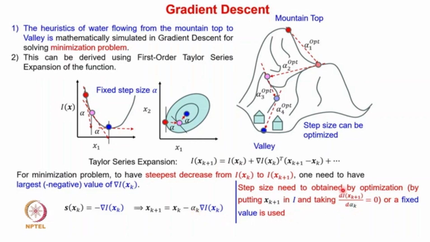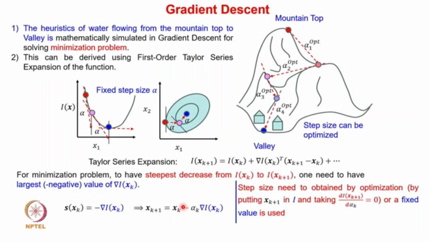Clearly this additional optimization step is required, and therefore in most practical applications we use the fixed step size alpha k instead of obtaining the optimum step size. This is the commonly used practice.